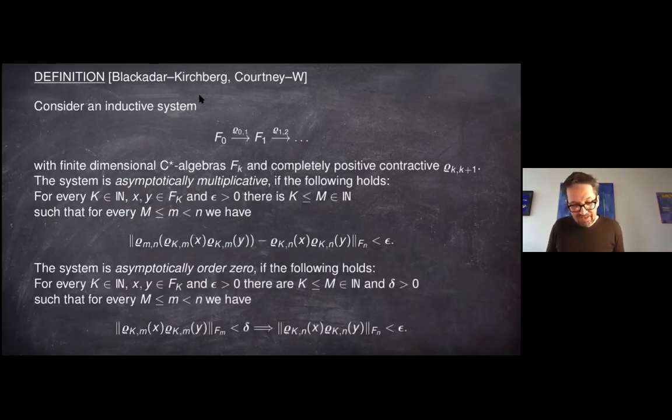It's essentially, quantifiers are set up in almost the same way, but now I want that if these two elements x and y map to something which is almost orthogonal at the level m, then it keeps getting mapped to something almost orthogonal at the level n.